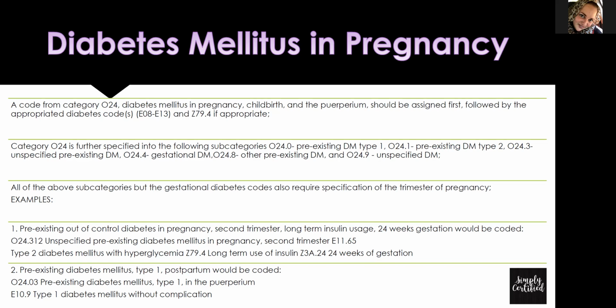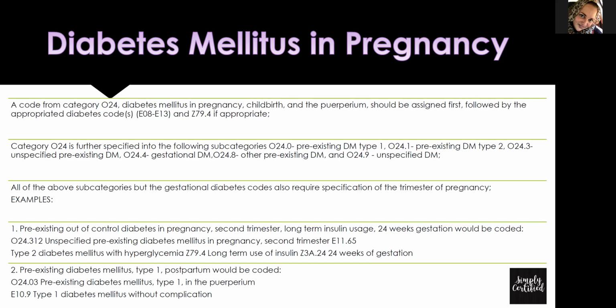And then for other types of pre-existing, you would use O24.8. And of course, that code does have more characters. And unspecified is usually a 9 at the end. And in this case, that's also true. So O24.9. And here's some examples.